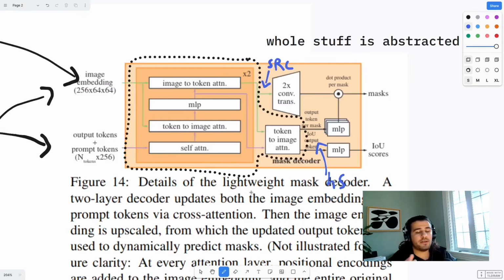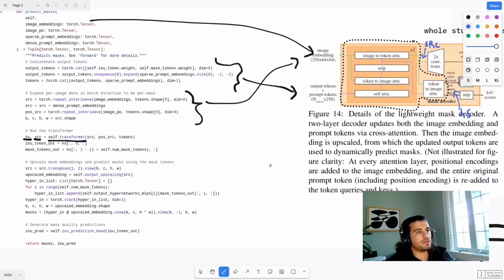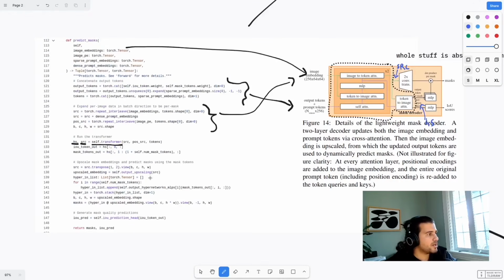It's already weird because this thing returned two things that are being the output of different elements in the same architecture. A bit weird, we're going to dive into it a bit, but then you take these out, the IoU token, the mask token, and then we follow the rest of the stuff.